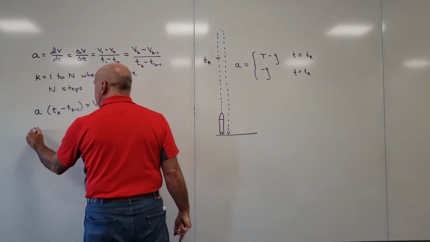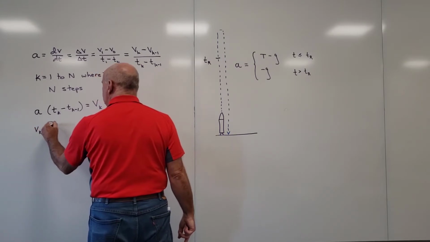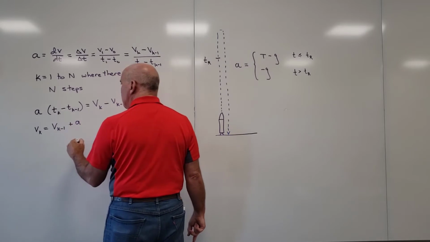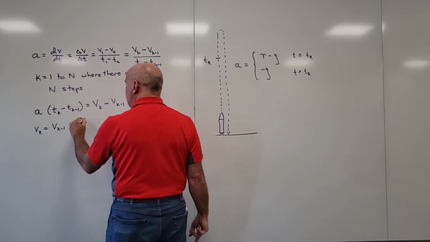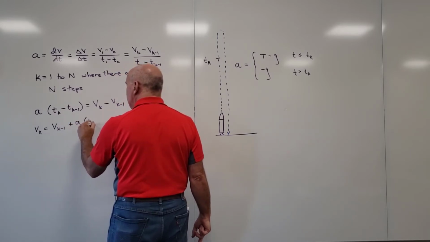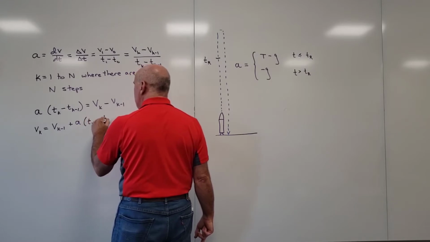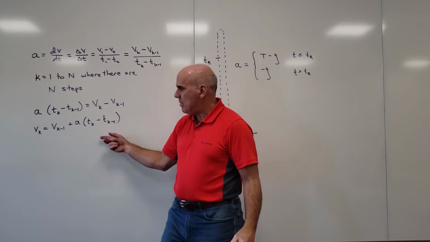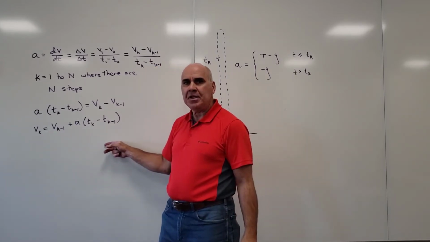So I can say then that v sub k equals the previous velocity plus the acceleration times the time between k and k minus 1. All right, so that's going to be my formula for the velocity.